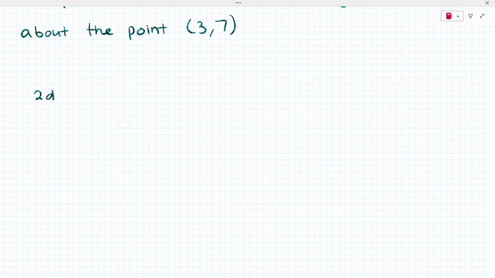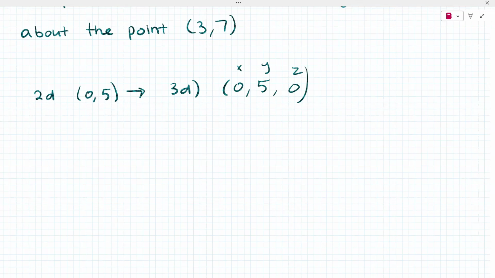We were given the point 0, 5, and we've got to make that into 3D. So in 3D, it would be expressed as 0, 5, 0. So this is your x, this is your y, this is your z. Z is 0 because we're not moving z, right?